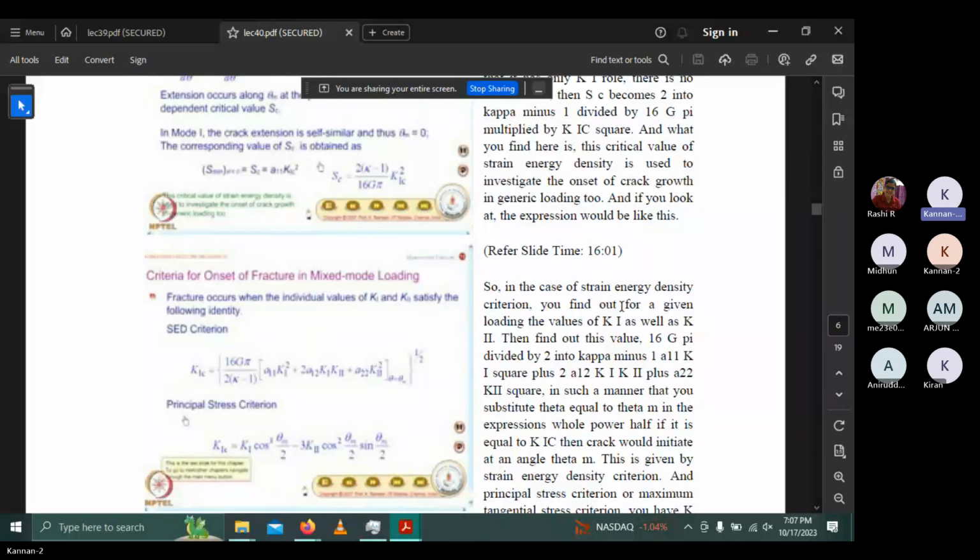Team, the second question is for mixed mode, correct? Yeah, it's for mixed mode. Okay. So that's what I was thinking.